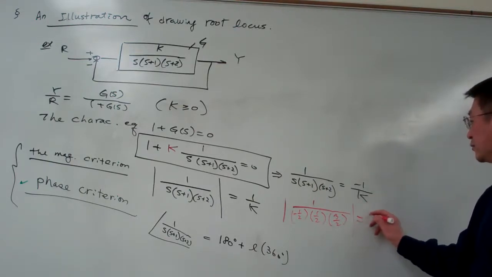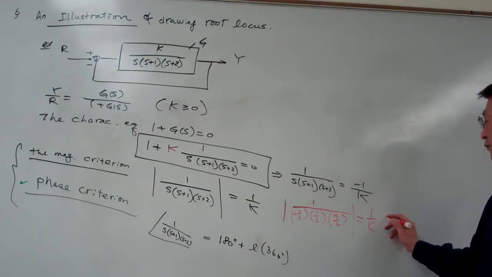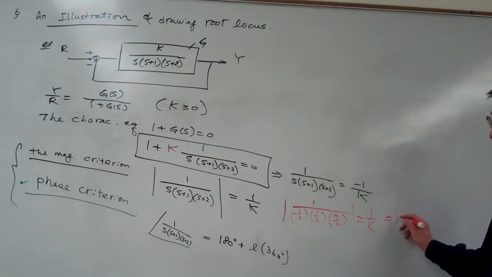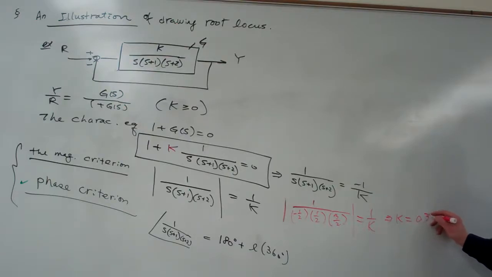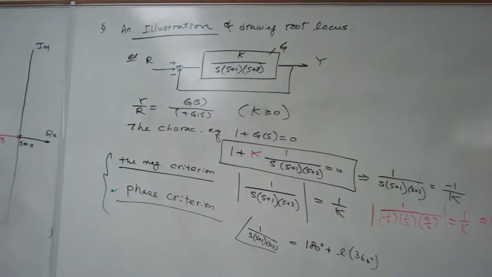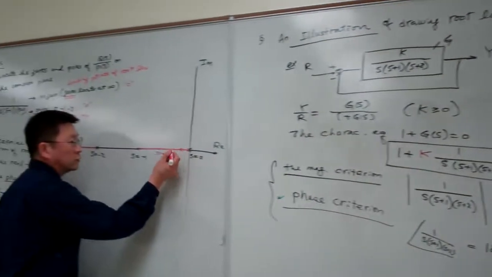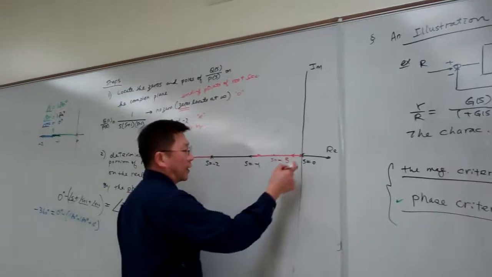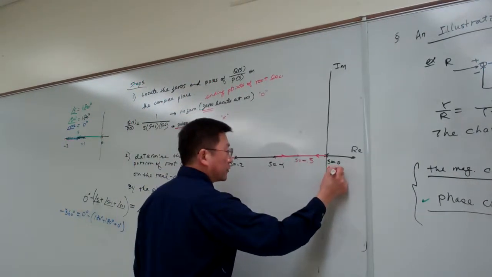Okay, so that number is equal to 1 over k. So in this way, k equals how much? The magnitude of the whole thing is 0.375 here. Good. So the root locus starts from the pole, where the k value is equal to 0.